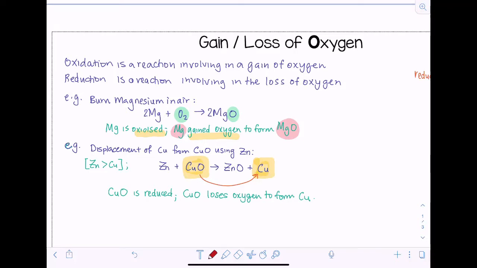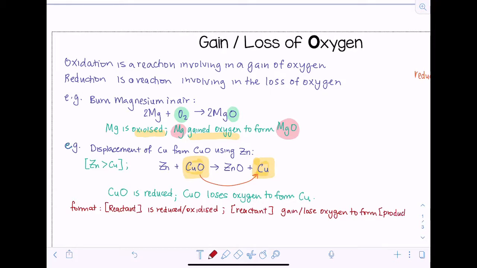The format of the answer always starts with the reactant, whether it is reduced or oxidized, then a semicolon, followed by an explanation of what happens to the reactant, whether it has gained or lost oxygen, to form the corresponding product, which is on the right side of the equation.